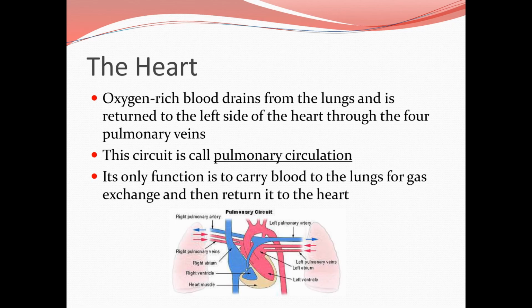The rest of the body receives oxygenated blood, and as we just talked about, blood being a highway, it has all that cargo, that oxygen. It drives down to the cells and delivers it. It returns to the right side of the heart, is now deoxygenated, and sent to the lungs through the pulmonary artery.